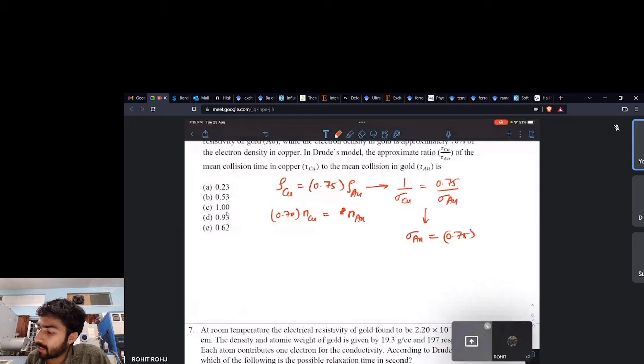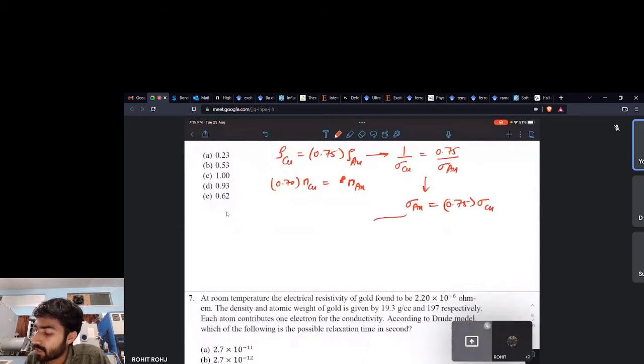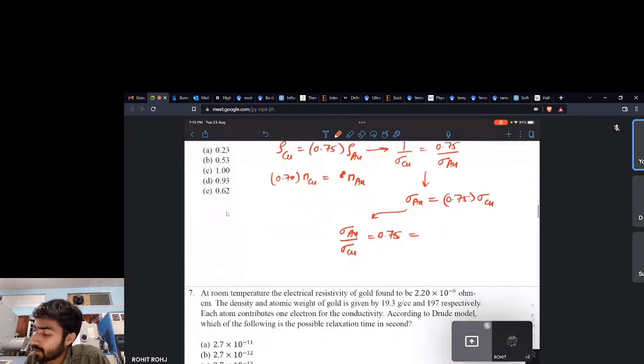Taking this ratio, sigma of gold divided by sigma of copper is 0.75, and as we know that conductivity is n e square tau by m, one can write n of gold e square tau of gold divided by m, divided by n of copper e square tau for copper divided by m.